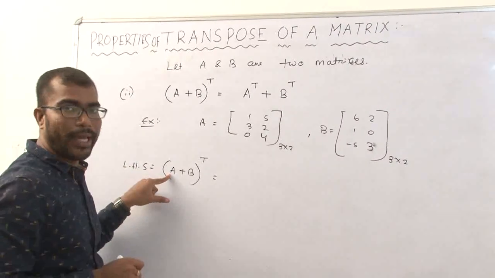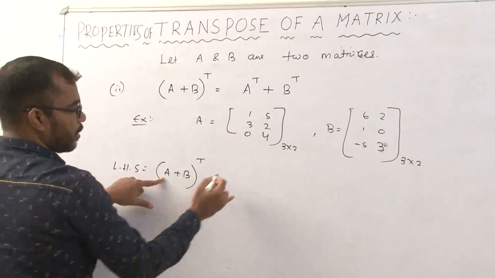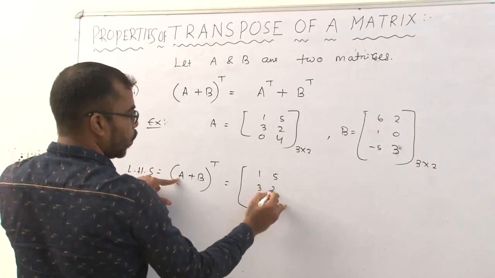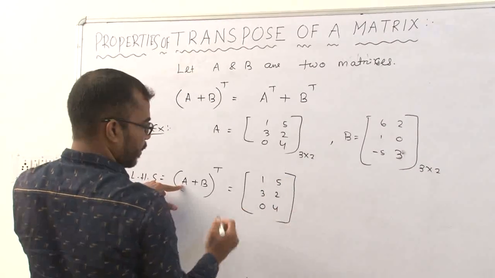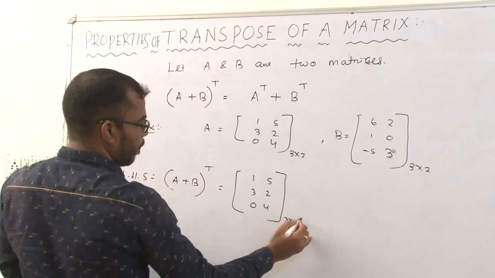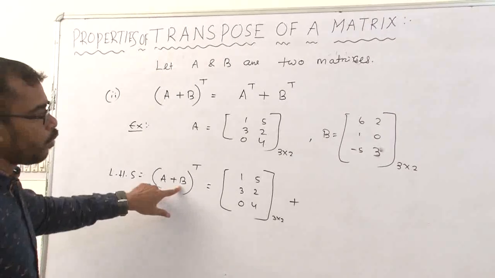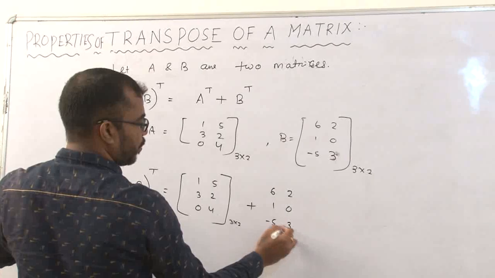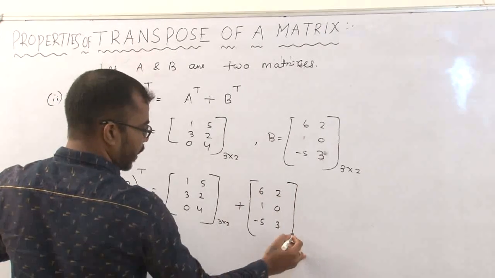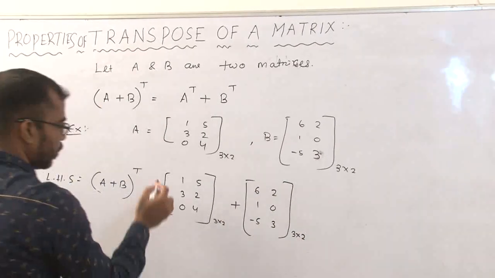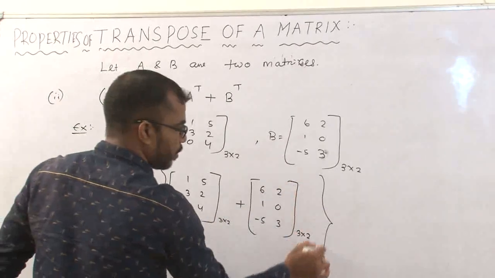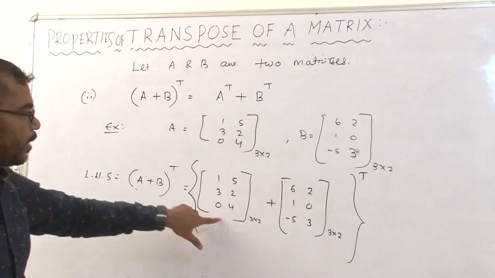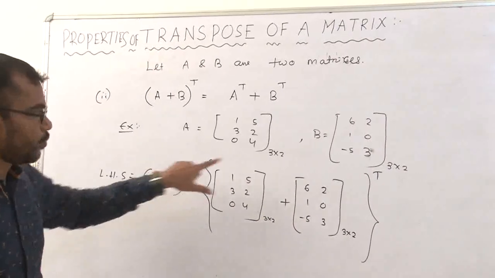If we put the value of A, which is 1, 5, 3, 2, 0, 4, with order 3 into 2, plus the value of B, which is 6, 2, 1, 0, minus 5, 3, with order 3 into 2, then take the transpose. First we put the values of A and B and then take the transpose.